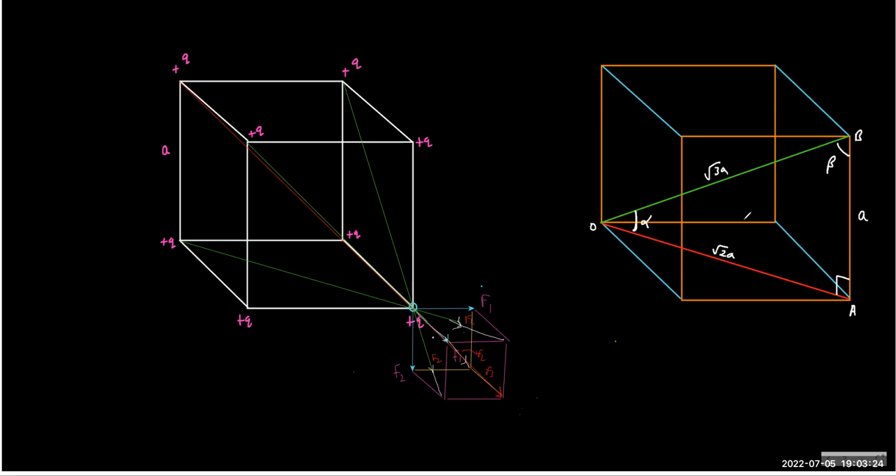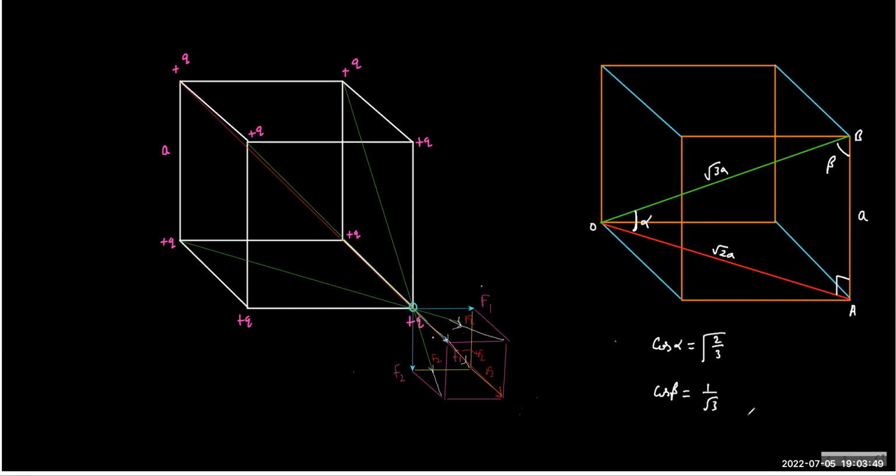Very good. Once you have all the values, can you find cos alpha? What is cos alpha, guys? Root 2a by root 3a, that is root 2 by root 3. What is cos beta? 1 by root 3. Very good.